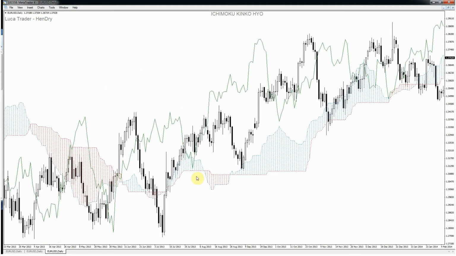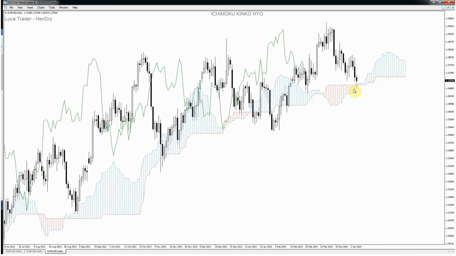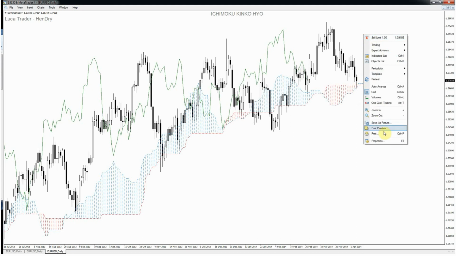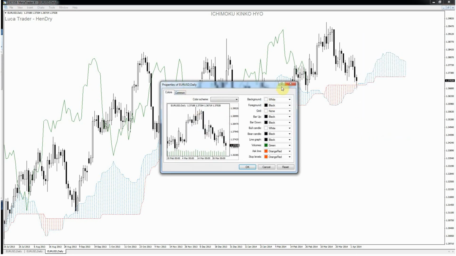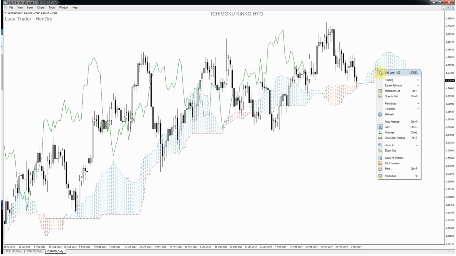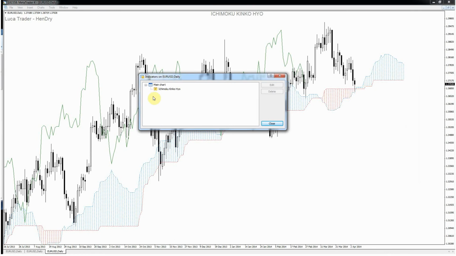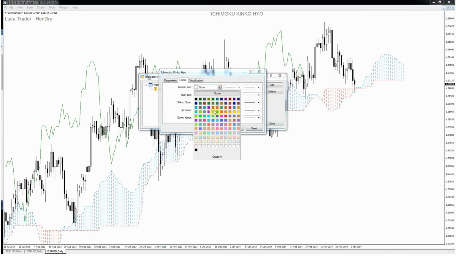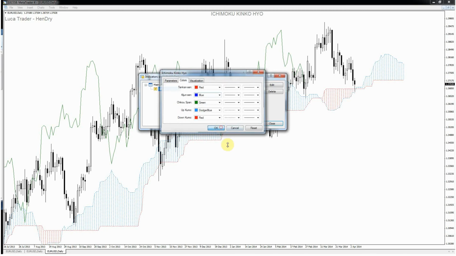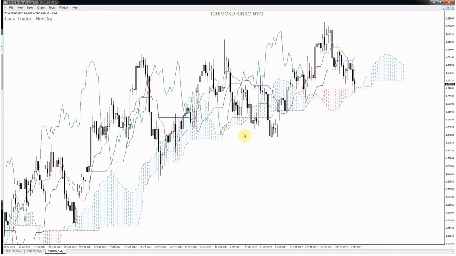This kind of cloud is drawn like this. Okay, the Senkou span. Before that, let me bring these two things back. Let's drop the Ichimoku Kinko Hyo, red and blue. Close it, to get it right.